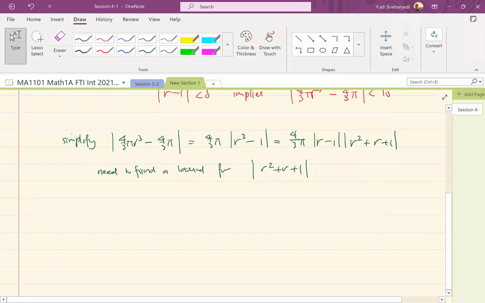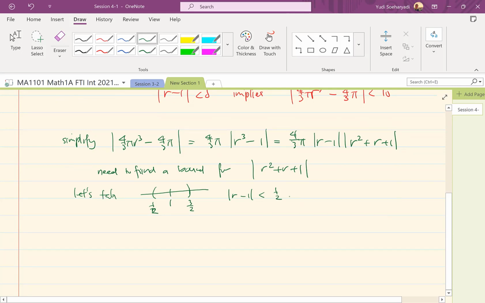Okay. What do we have for bound? Okay, let's take r between 1/2 and 3/2. So here r minus 1 less than 1/2.